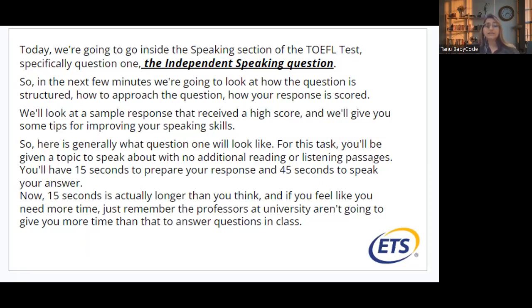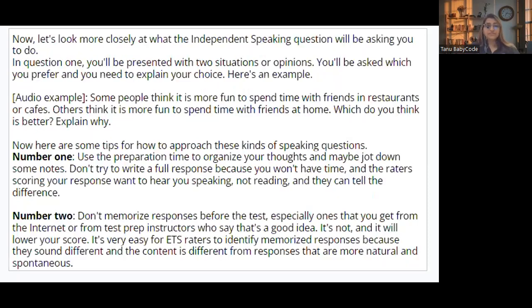And if you feel like you need more time, just remember that professors at universities are not going to give you more time, right? So it's better to always prepare your response in 15 seconds and speak your answer in 45 seconds.